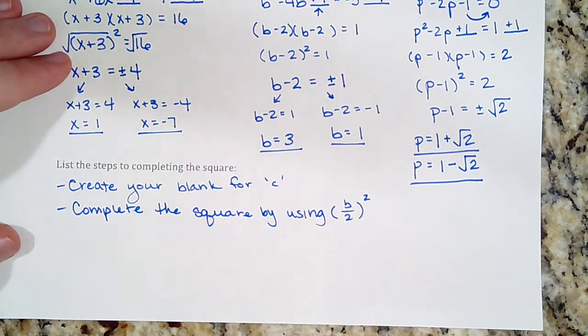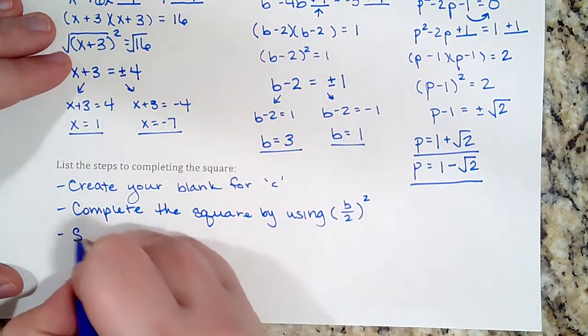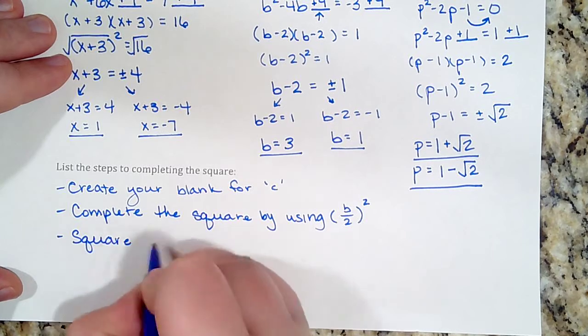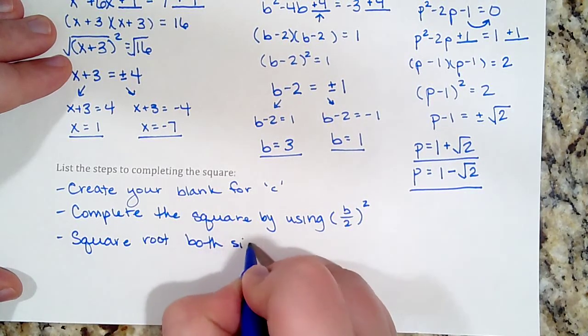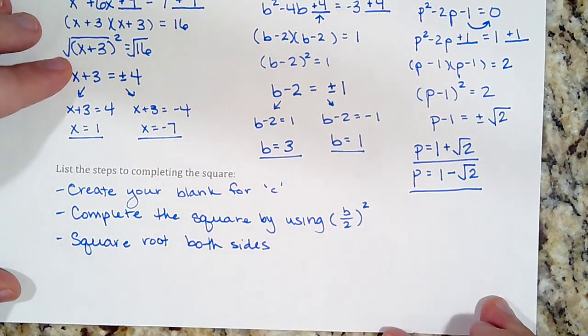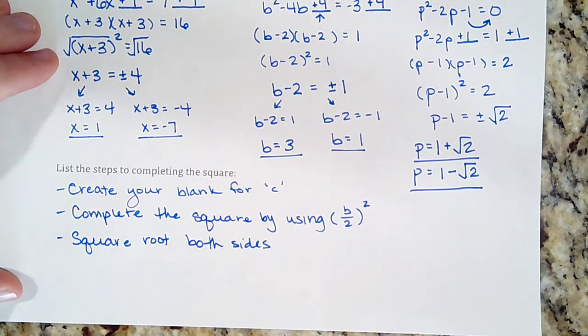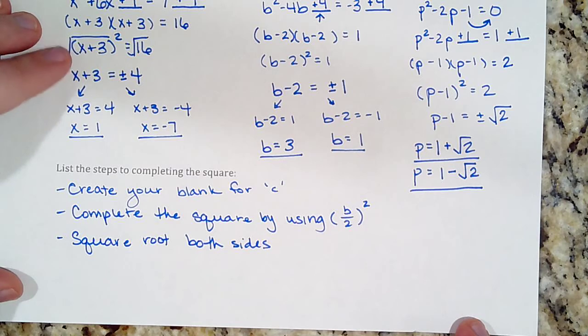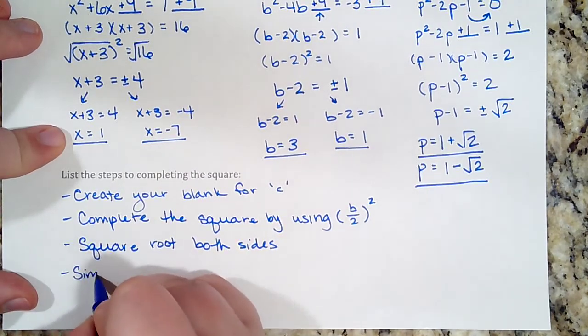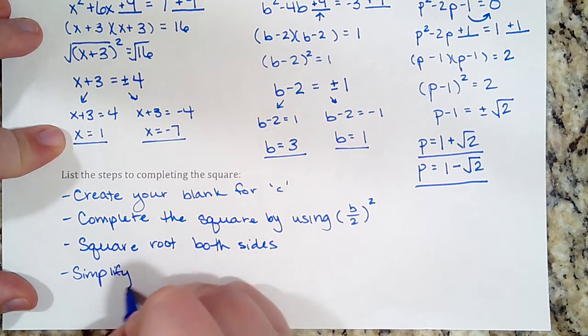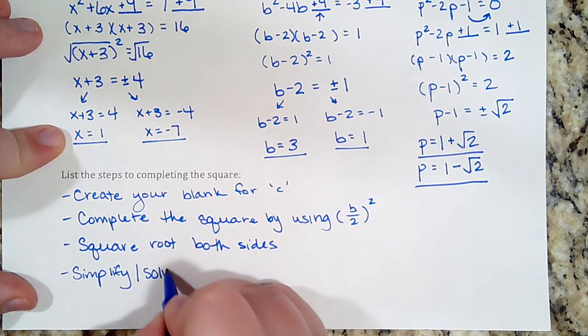Once you've got that taken care of, you're going to square root both sides. Remember, whatever you do to one side, you must do to the other. And then once we've taken that square root, as we've done here, we're just going to simplify and solve.